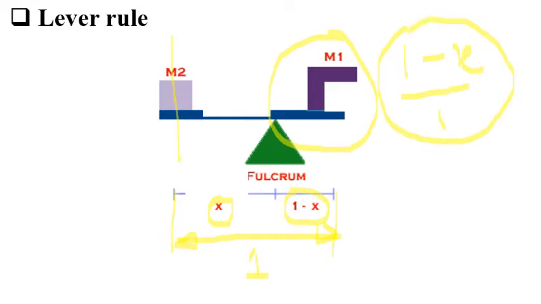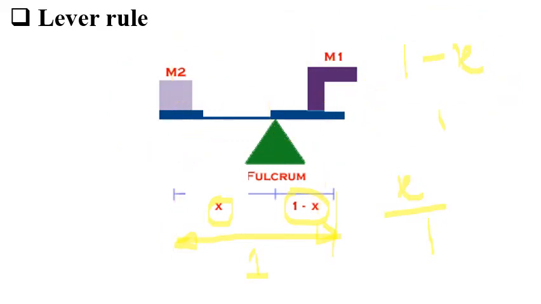Similarly, if I want to find what amount should be balanced on M2, I need to stand on M1, then I will write this as x divided by 1. When I stand here, the length of the opposite arm is this much, that is x divided by 1.